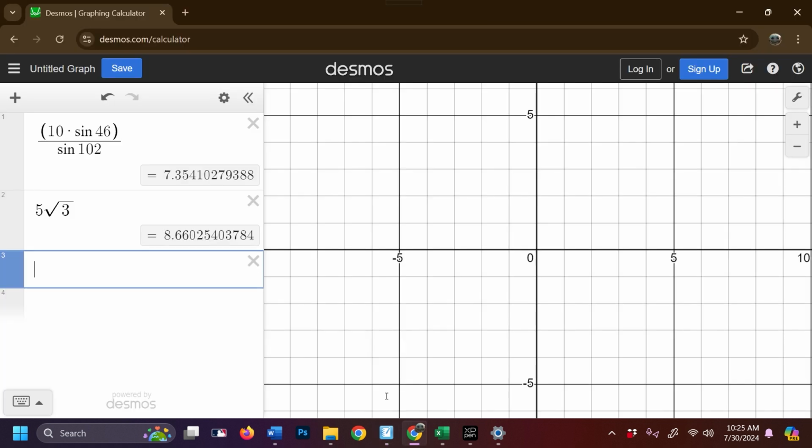So we will go arc sine, and we'll put two parentheses, one for the entire sine and then one for the numerator. We'll go 10 sine 60. We'll close the top. We'll go divided by, and then we'll have 9 on the bottom.